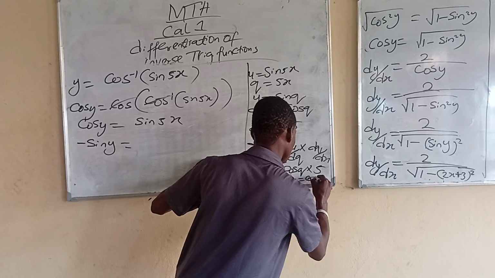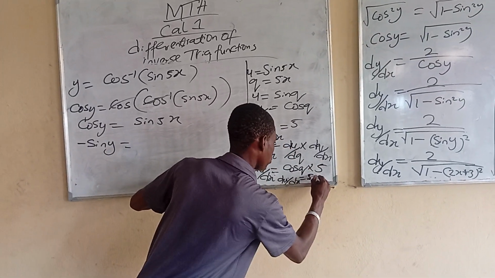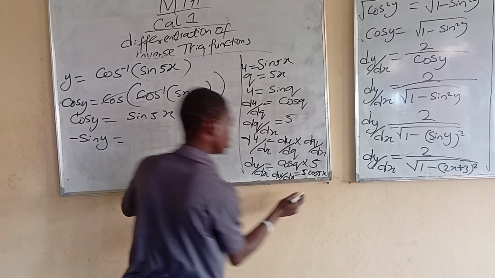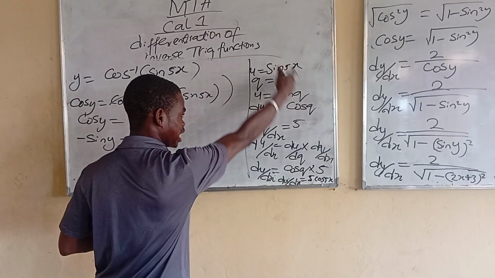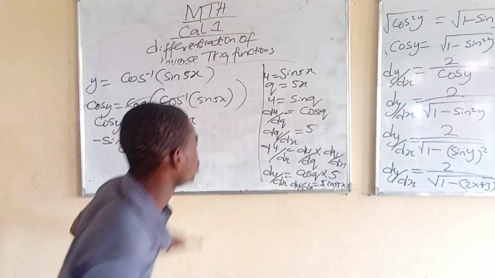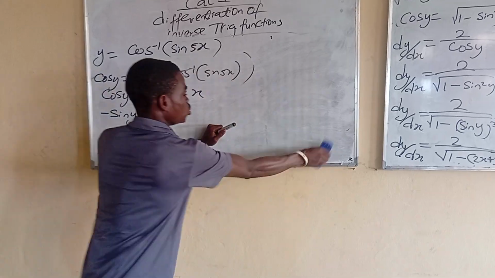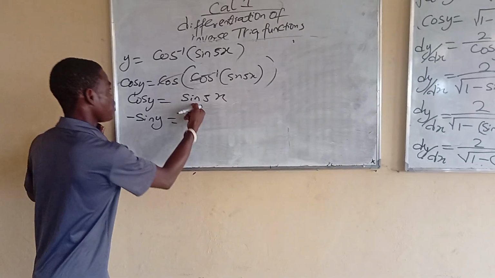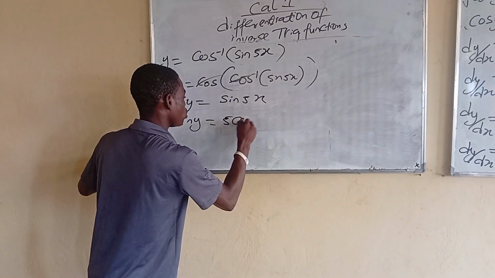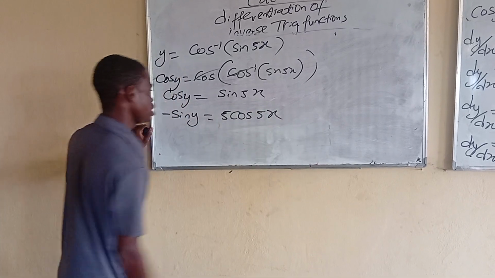So imputing it, this will be 5 cos 5x. So this is it. Just highlight it somewhere. So that's why if we differentiate sine 5x, we are going to get 5 cos 5x, right?